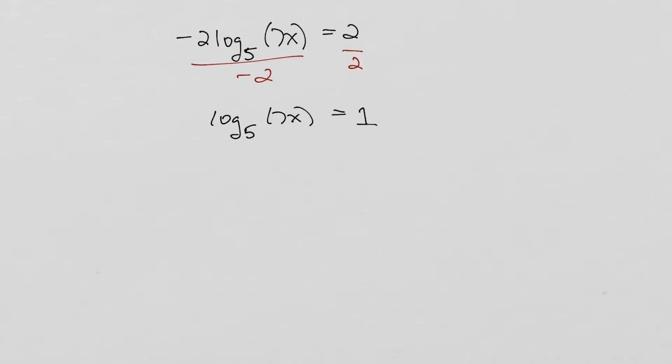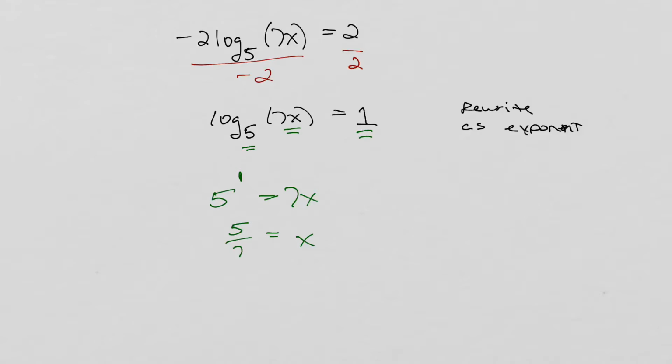Since we have one logarithm, why don't I try to rewrite this as an exponent and see if that helps out? There's my base, there's my exponent, and that equals this, which is my answer. Now I can divide both sides by 7 to get x equals 5 over 7.